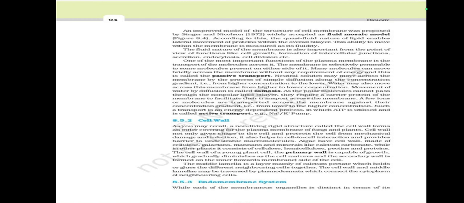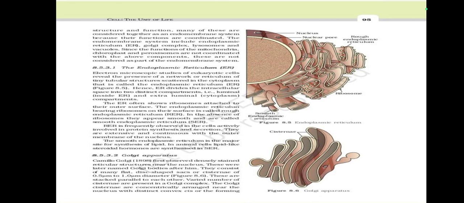Endomembrane system. While each of the membranous organelles is distinct in terms of its structure and function, many of these are considered together as an endomembrane system because their functions are coordinated.